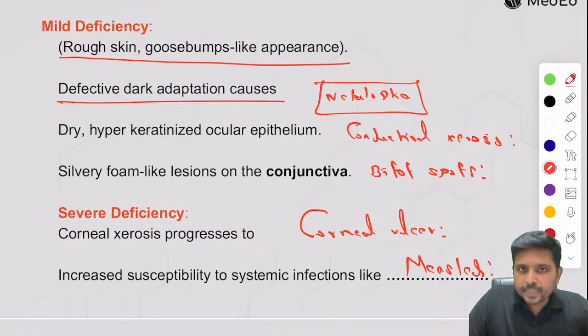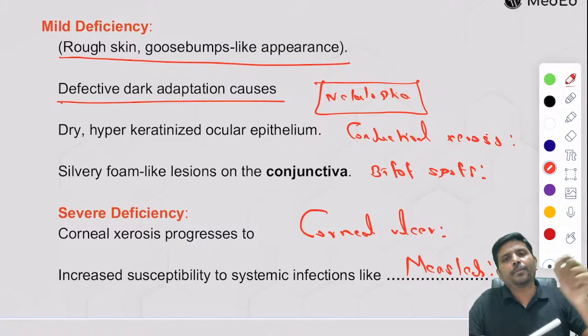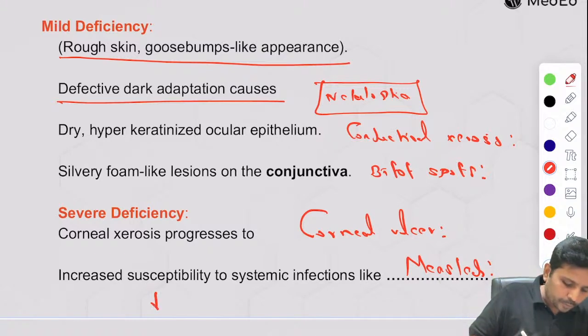People must be thinking that the purpose of giving vitamin A supplementation in measles is to reduce night blindness. No, it is not so. It is also to reduce the overall morbidity and mortality in measles.